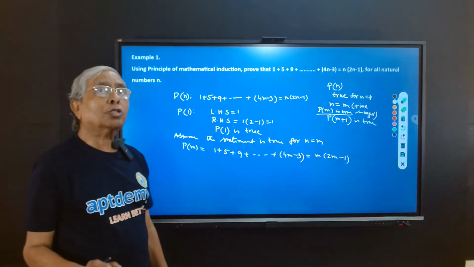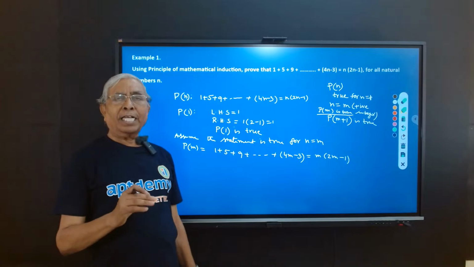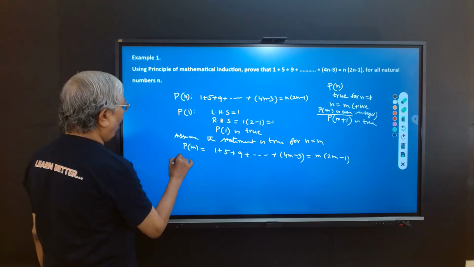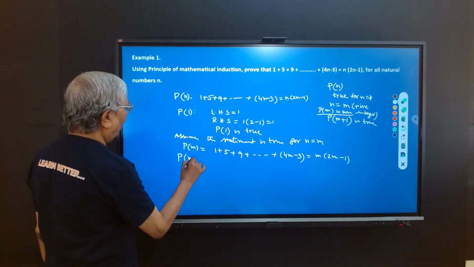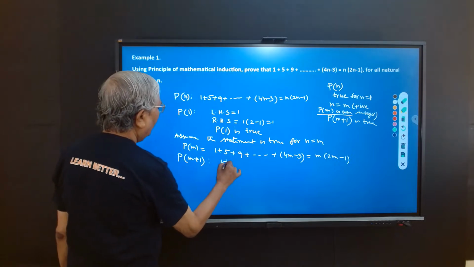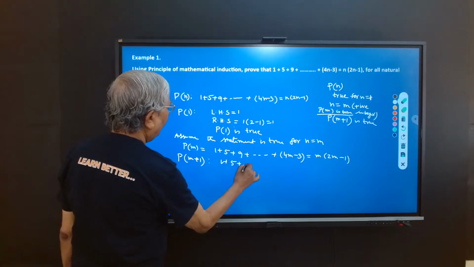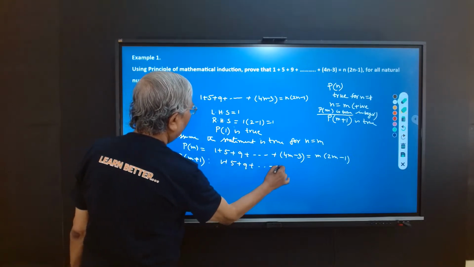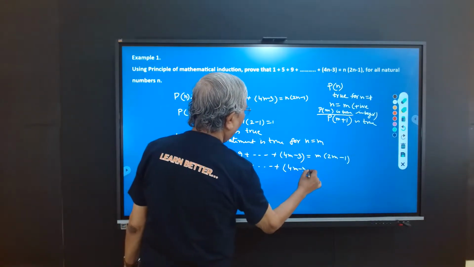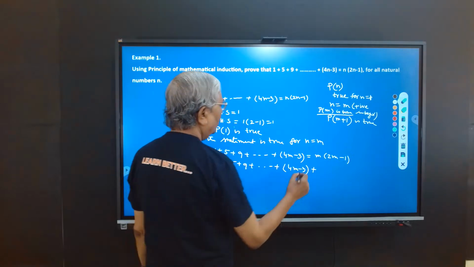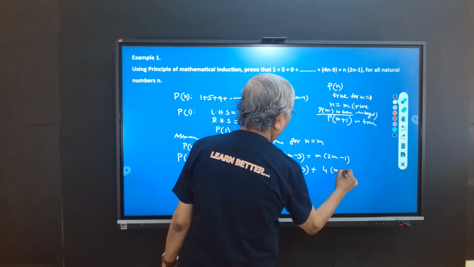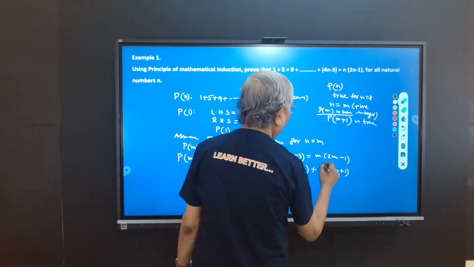So from this, you have to show that the statement is true for the next integer m plus 1. So what is our Pm plus 1? Pm plus 1 is 1 plus 5 plus 9 up to 4m minus 3 plus 4 into m plus 1 minus 3.